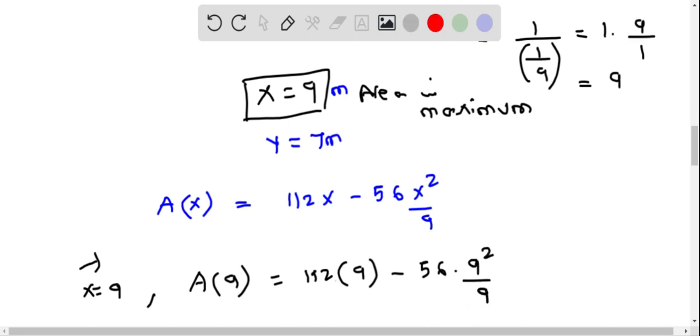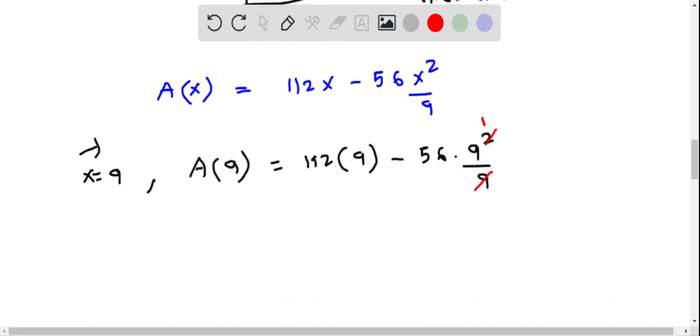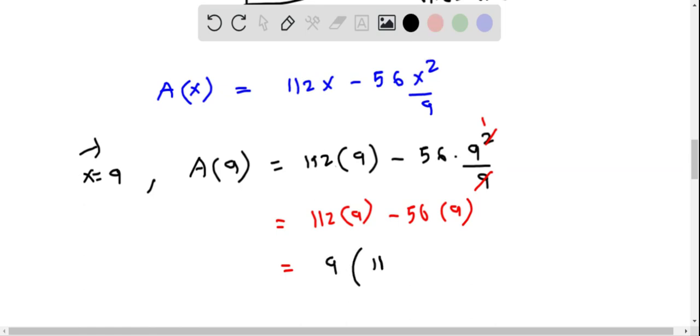We can cancel this as 1 times. So it's basically 112 times 9 minus 56 times 9. Since we see that 9 is a common factor from both terms, in fact, we can factor it out and do this calculation like this also.